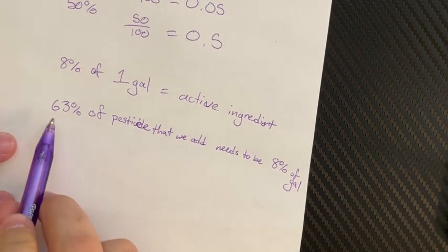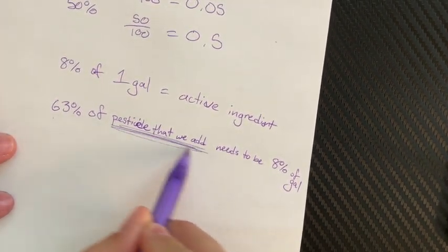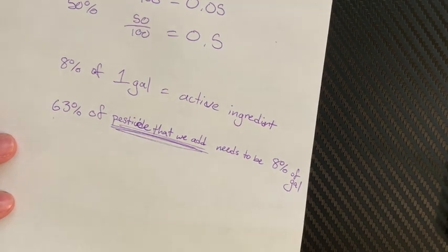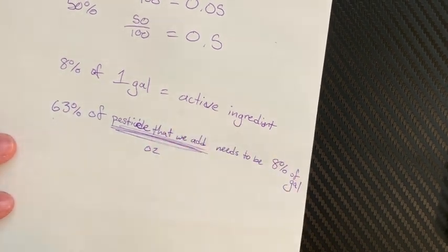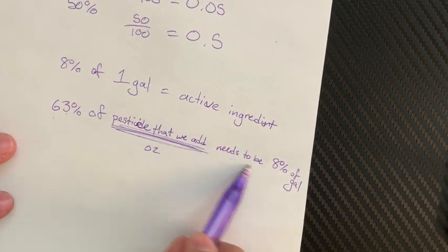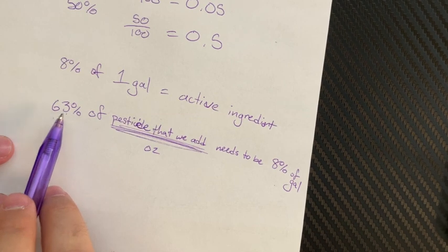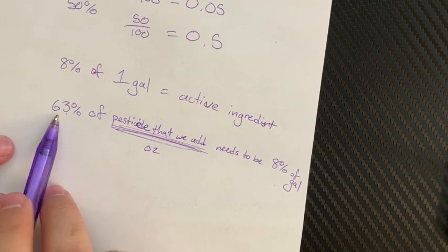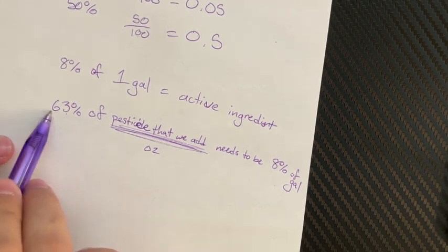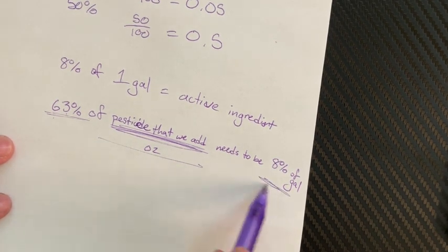The options will say that it will be in ounces, so 63% of however many ounces we add needs to be 8% of the gallon. Because we don't care about all the other ingredients, we just care about the active ingredient. So 63% of the active ingredient that we add needs to be 8% of the gallon.